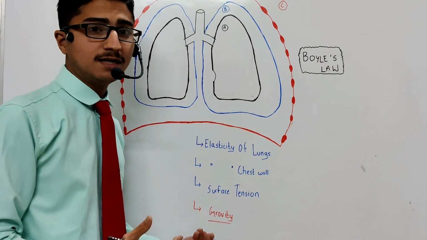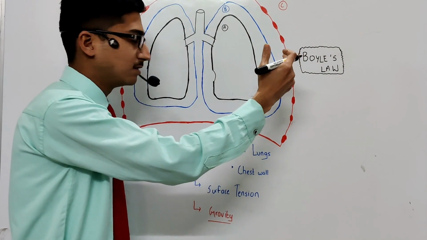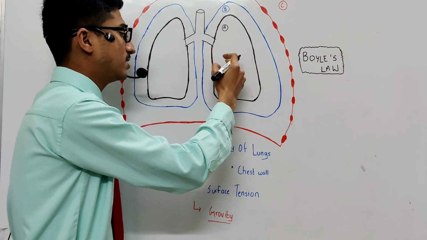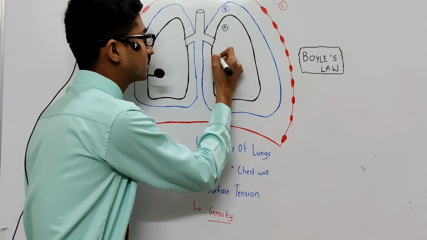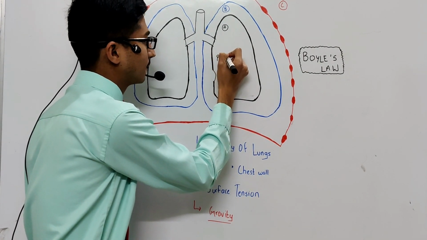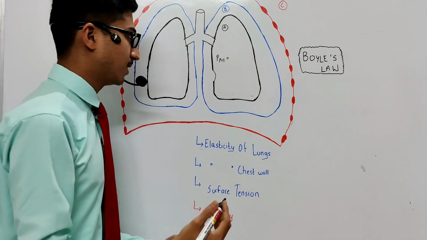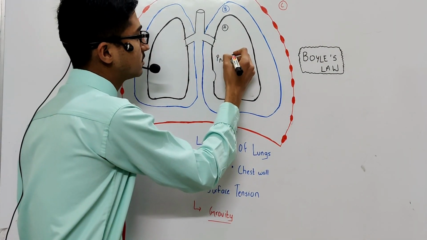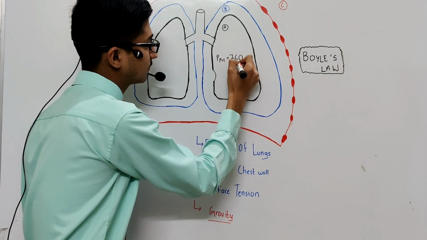Before starting the whole process, let's see the pressures at different levels. Firstly, the pressure inside the lung, which we mark as P pulmonary, or we can say intra-alveolar pressure. It is about 760 millimeters of mercury.